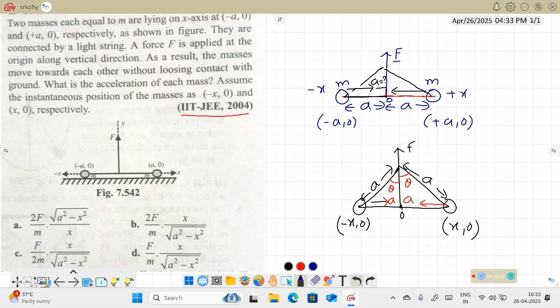So we get two triangles here. The side of one triangle is length x along the x-axis direction, and this is also length x. The string length is already known, with angle theta, and this other length we don't know.